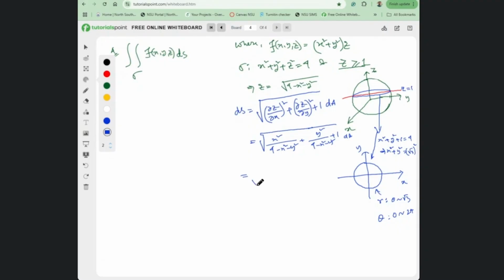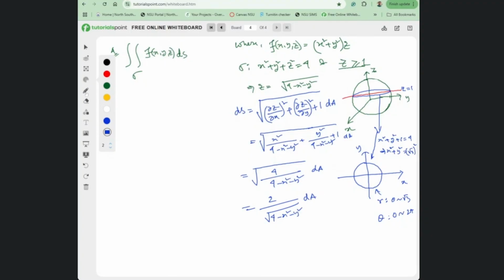We can come up with 4 by 4 minus x square minus y square dA. That will be 2 by square root of 4 minus x square minus y square dA.